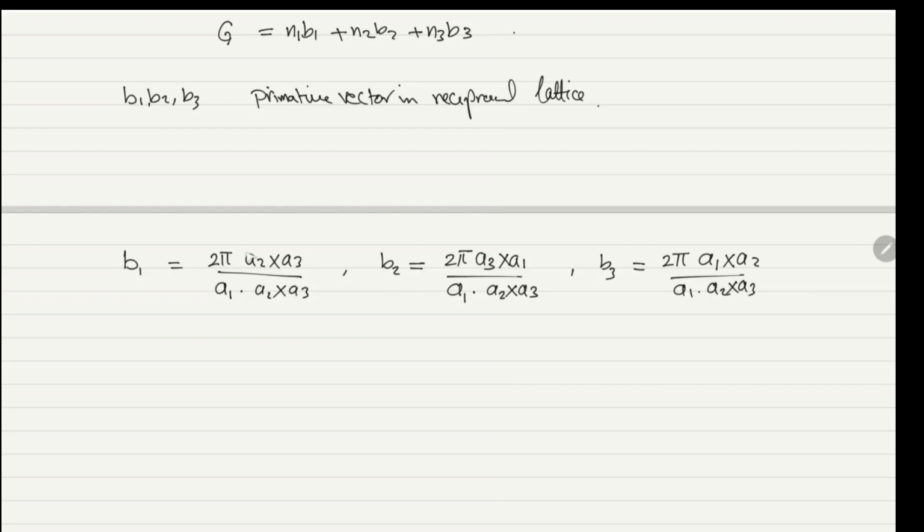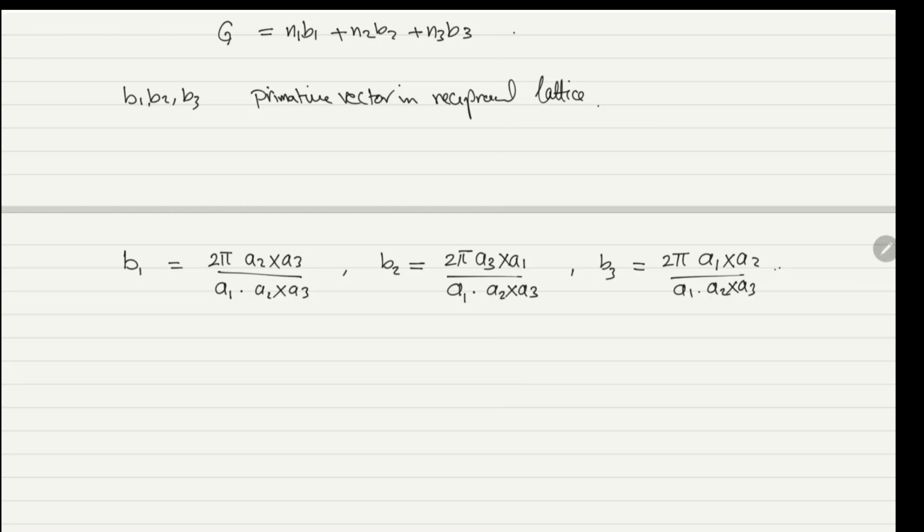And pay attention here, it's cyclic: B1, A2, A3, B2, 3, 1, and B3, 1, 2 divided by the primitive volume.